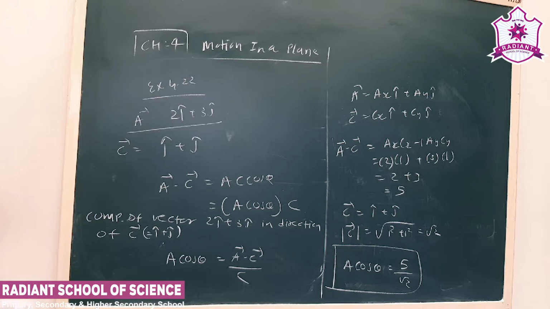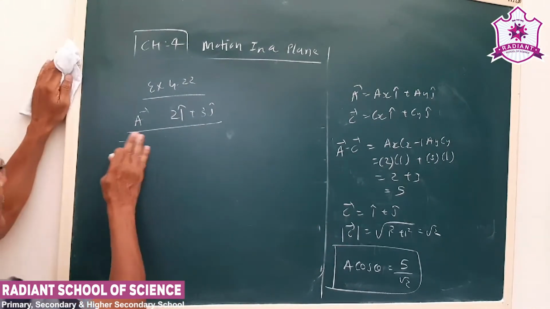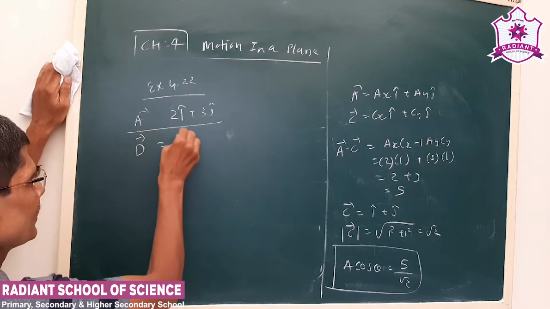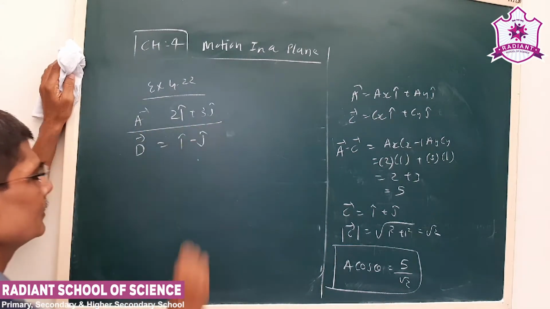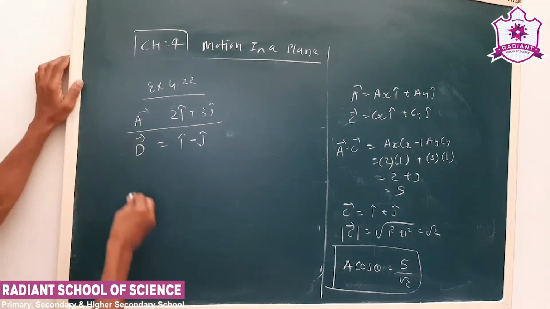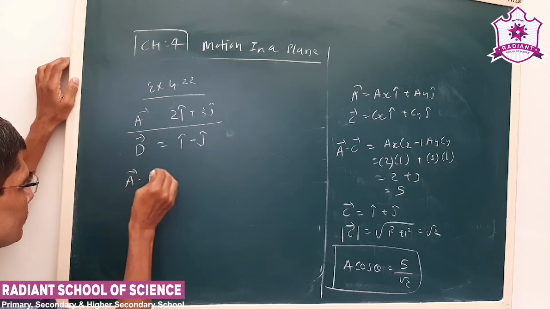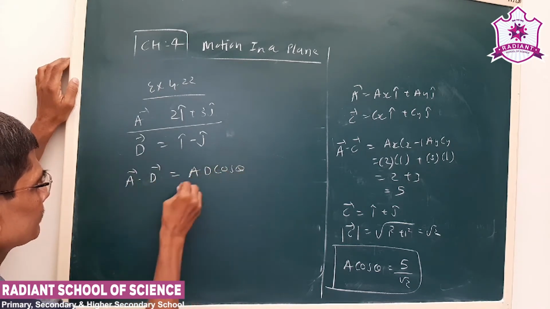Secondly, we have to find the component of vector 2i plus 3j in the direction of D. We can proceed by a similar method.